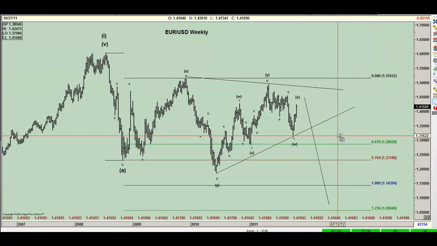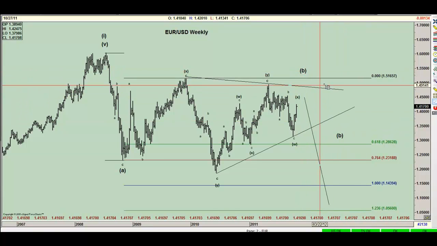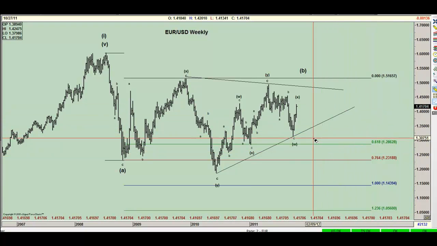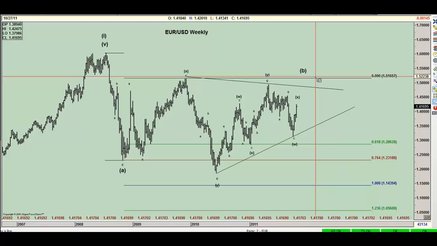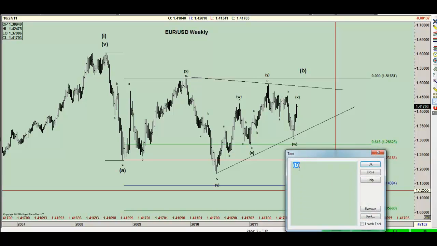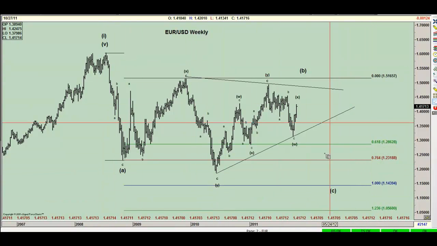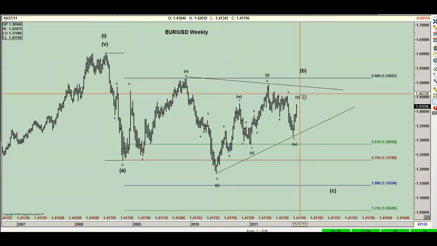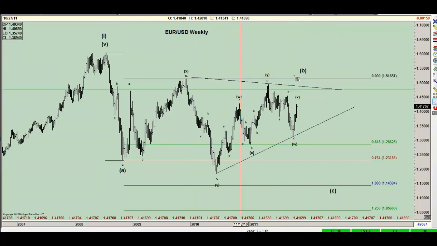Those are the two scenarios that we see right now in the euro, either the bullish triangle or the bearish triangle, the B-way triangle. This is in our favor because cable is showing this scenario. All right, so again, that's what we see on the weekly chart, either A, B, and Z with a B-way triangle or the bullish triangle.